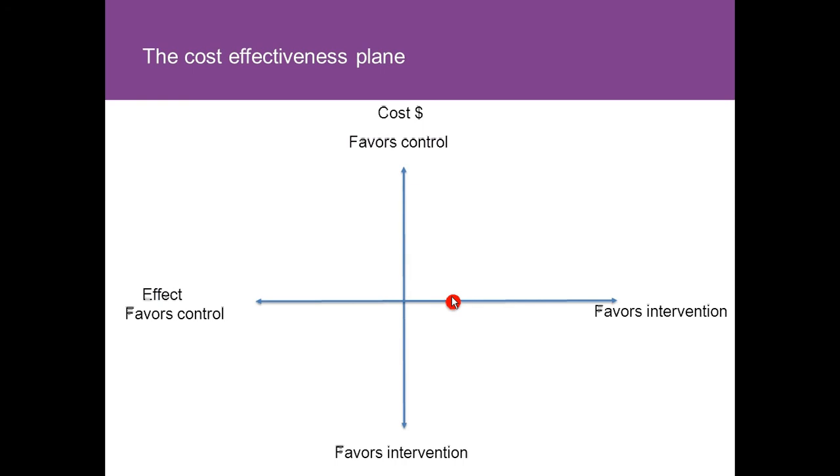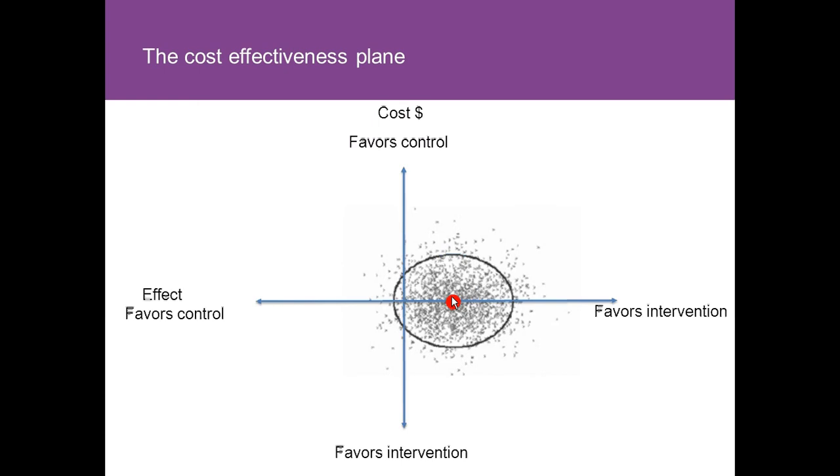When trying to understand the effectiveness of interventions, we often talk about confidence intervals, 95% confidence intervals usually. However, when we talk about a cost effectiveness estimate, we talk and demonstrate uncertainty by using a cost effectiveness ellipse.